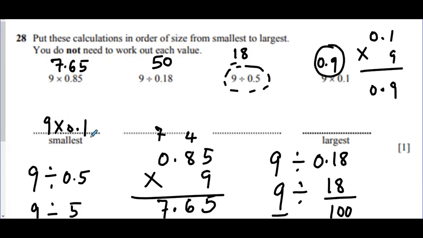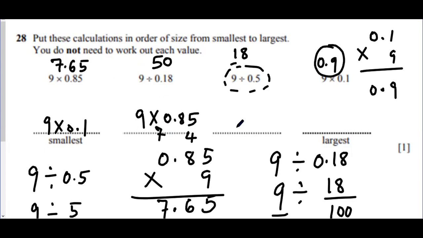All right, so this is a class of one-to-one, and here we're going live. The smallest calculation is 9 times 0.1. What is the next smallest calculation? 9 times 0.85, exactly.